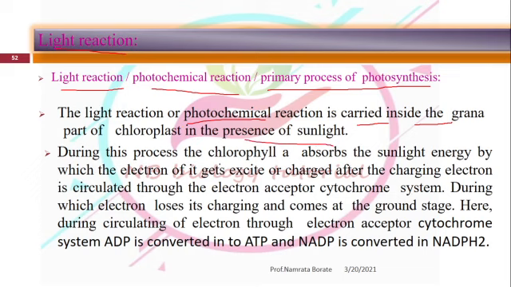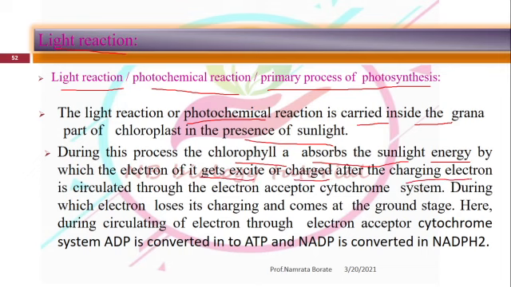During this process, chlorophyll A plays a very important role. Chlorophyll A absorbs the sunlight energy. The chlorophyll A molecule contains an electron, and due to the absorption of light, the electron present in the chlorophyll A molecule becomes excited or charged.